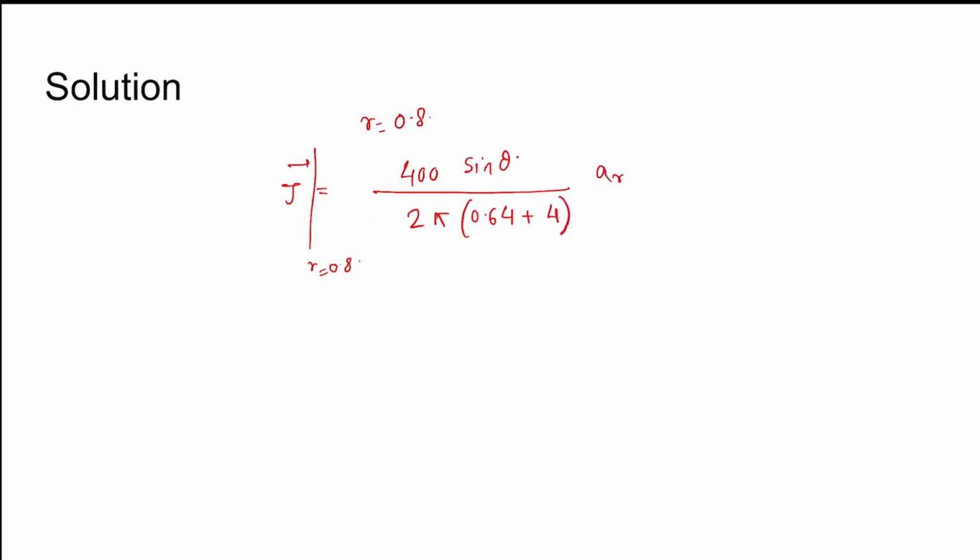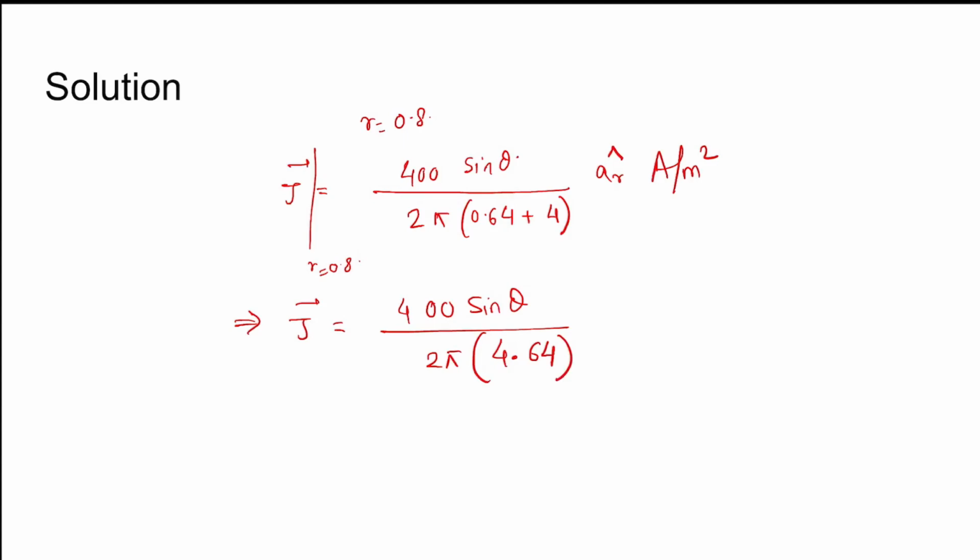The a r cap direction is also given, in ampere per meter square. So J comes out to be 400 sin theta by 2 pi into 4.64.